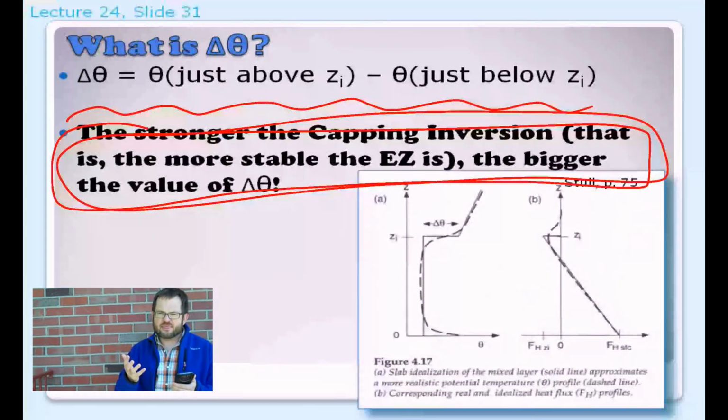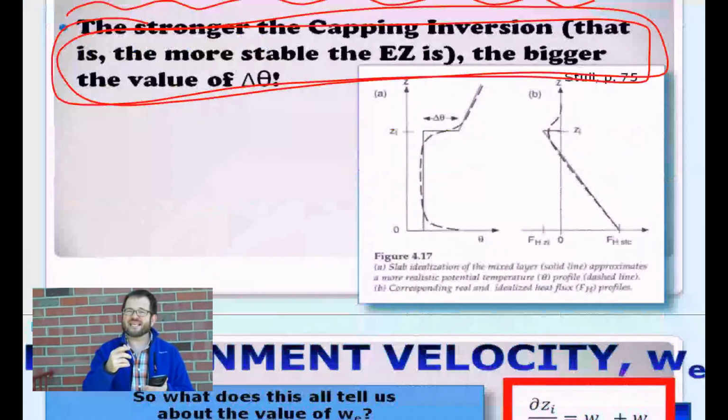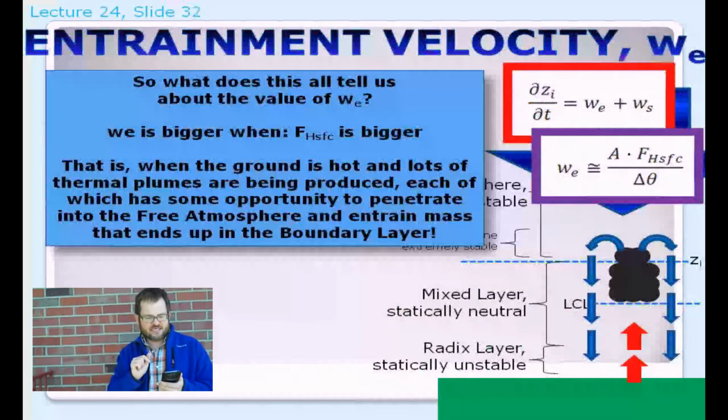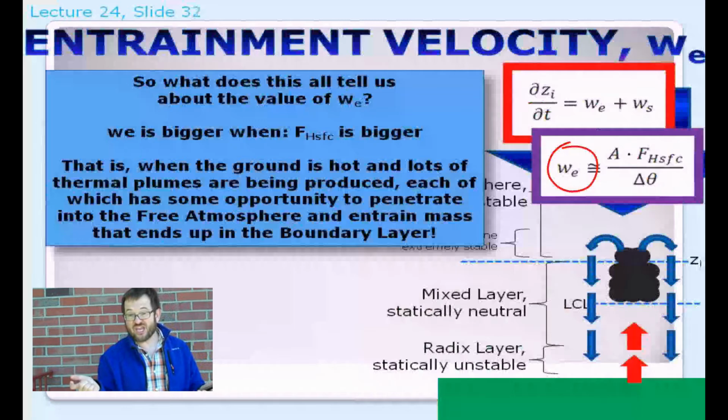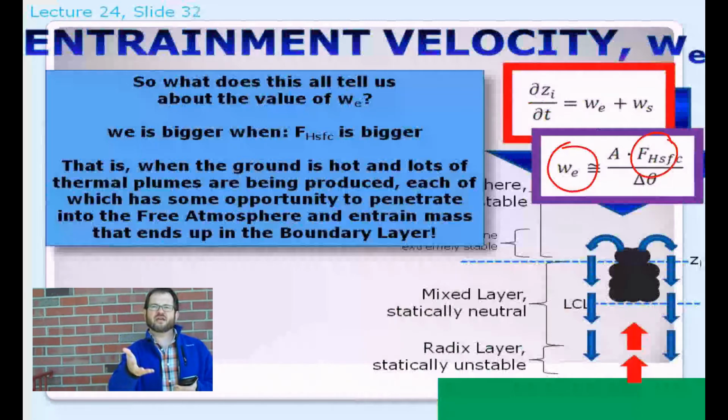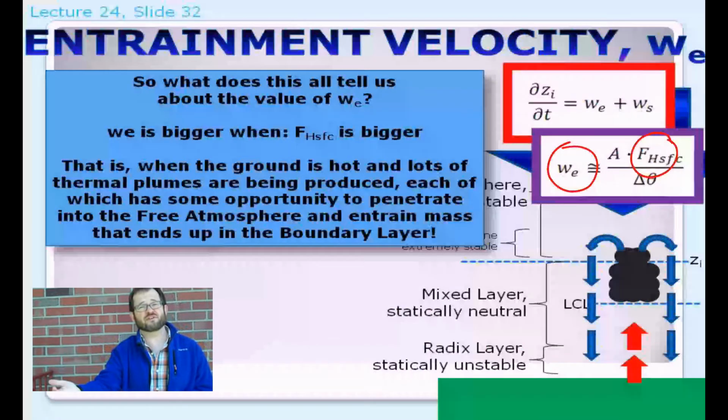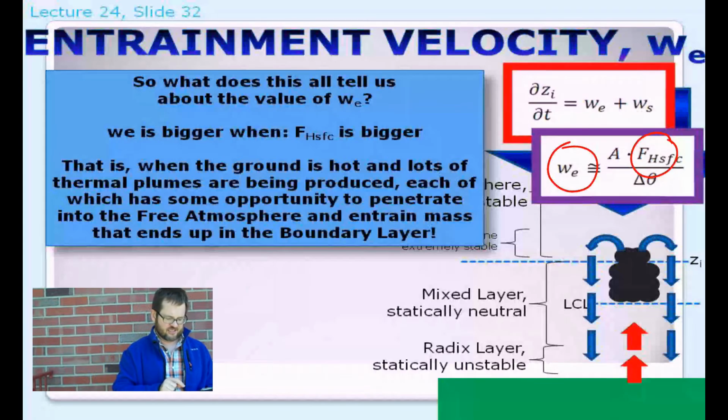And so, now that we are armed with our understanding of what these terms are, we can look back and say what they mean for WE. For example, FH at the surface is in the numerator of the fraction here. So the bigger the flux of heat at the surface is, the bigger the entrainment velocity is. Why would that be? Well, the more you have a flux of heat from the surface into the atmosphere, the more thermals you're producing.